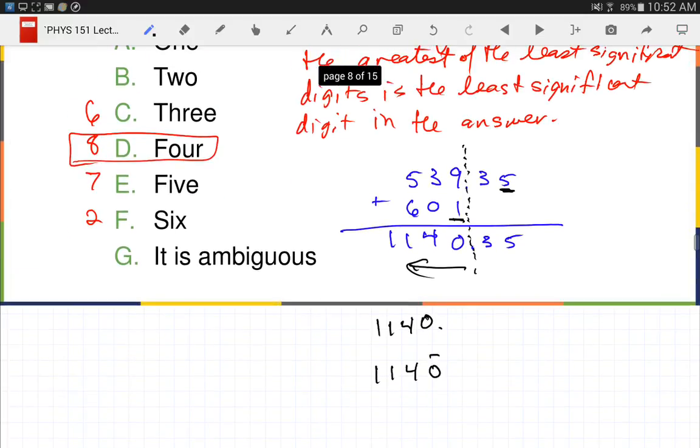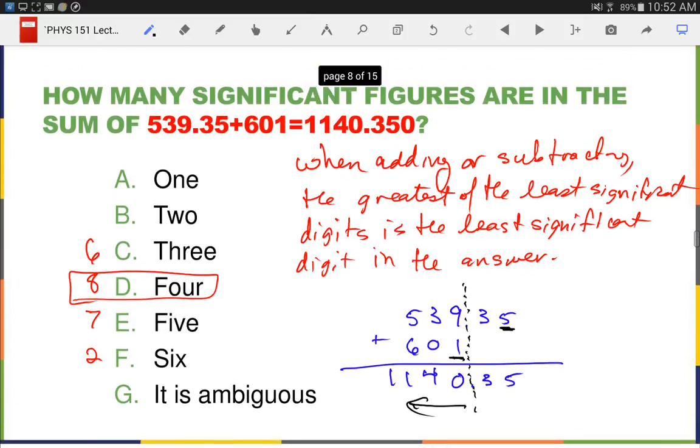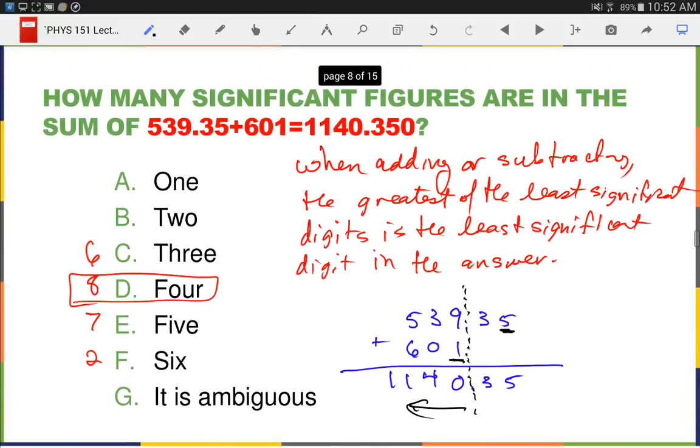I'm not sure what you mean. You mean if I had written it like this? Yes, that would then be ambiguous the way I wrote it. I know that it has 4, but I wrote it in a manner that doesn't communicate that it has 4. The way I write it doesn't change how many significant figures it has, assuming I wrote it correctly, but it also may not communicate.